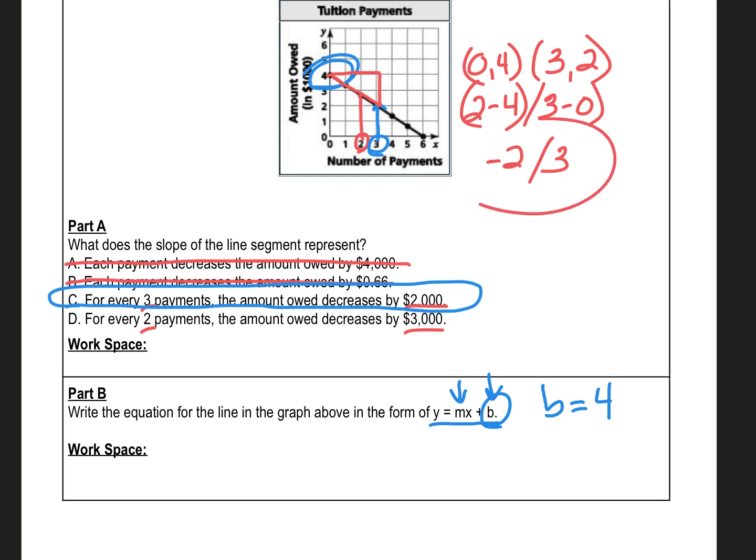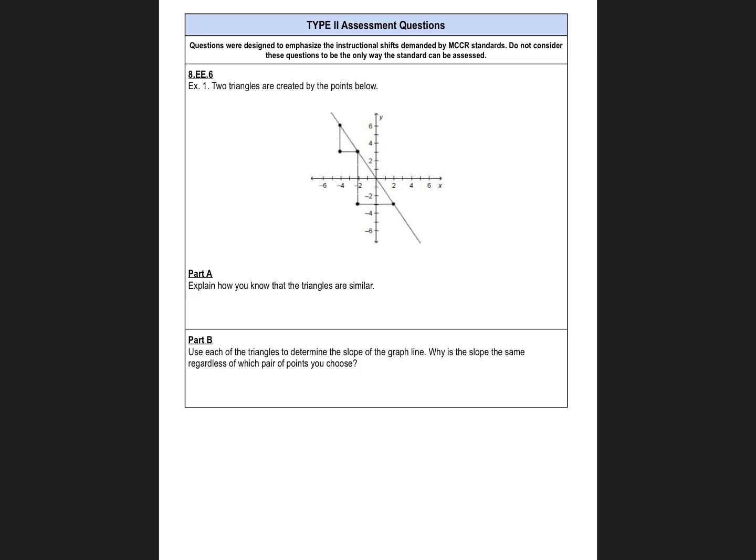So that's our slope, that's our m. So we're going to make this equation y equals negative 2 over 3 x plus 4, which is our b. Not too bad. Okay, one more problem, and then I'll let you guys go to work on your own.